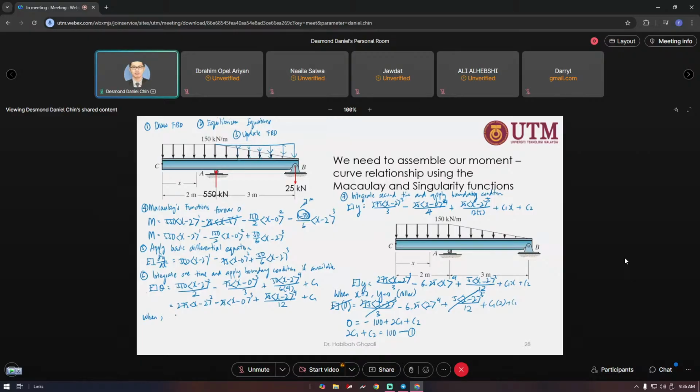Next, when x equals to 5, y equals to 0. This is due to the pin support, boundary condition of the pin support.